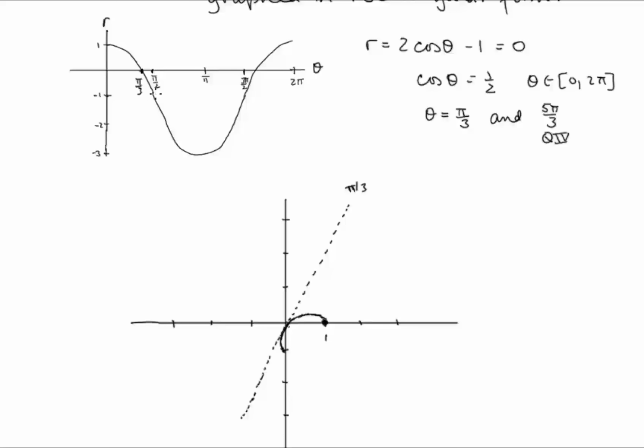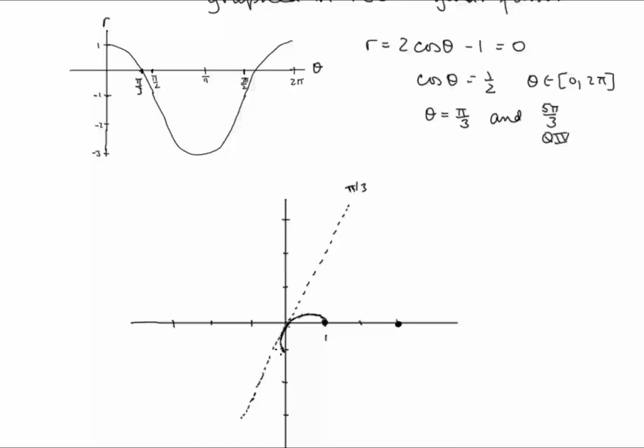Now as theta goes from pi over 2 to pi, we continue to have negative radius values. So for these angles we're going to be in the 4th quadrant here with our radius values, and those radius values go from negative 1 out to negative 3. So at an angle of pi we're at negative 3. When we're looking in the negative x-axis direction, when theta is equal to pi, we have a radius value of negative 3. So we're here.